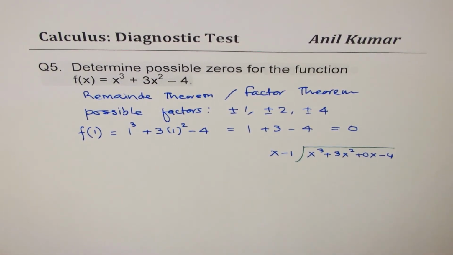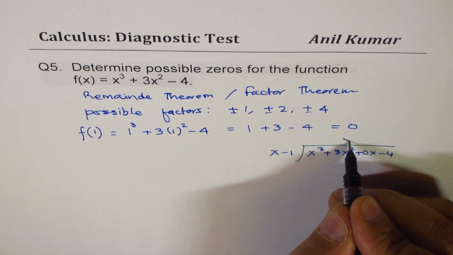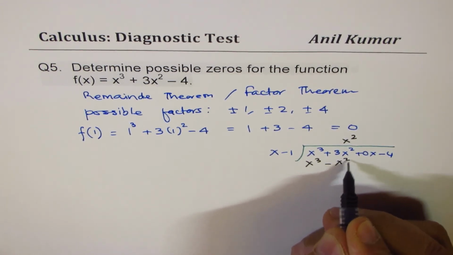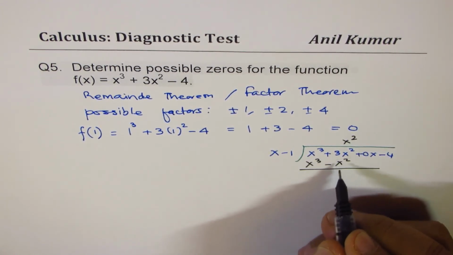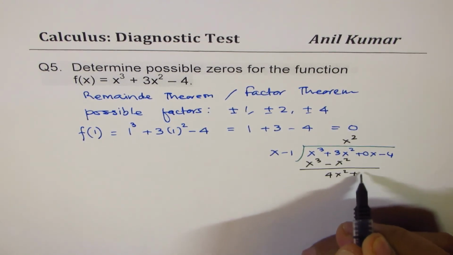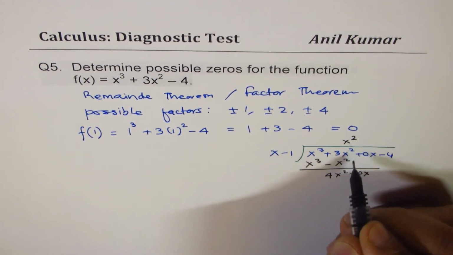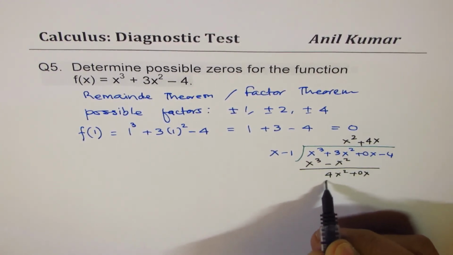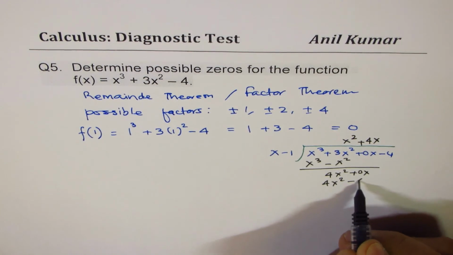So if I do that, well, let's divide by x squared times. We get x cubed minus x squared. I hope you remember the division. Okay, so it gives me 4x squared plus 0x. Now I could multiply by 4x. So that gives me 4x squared minus 4x.